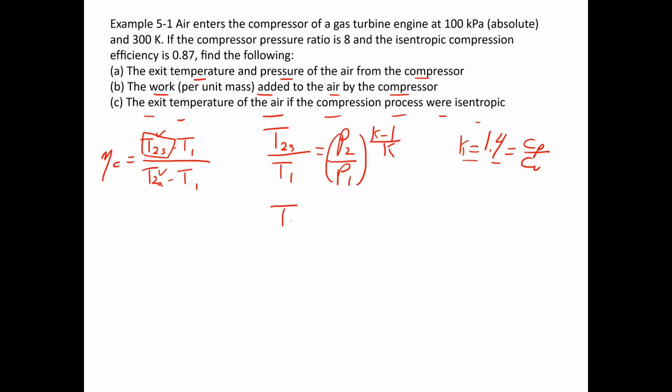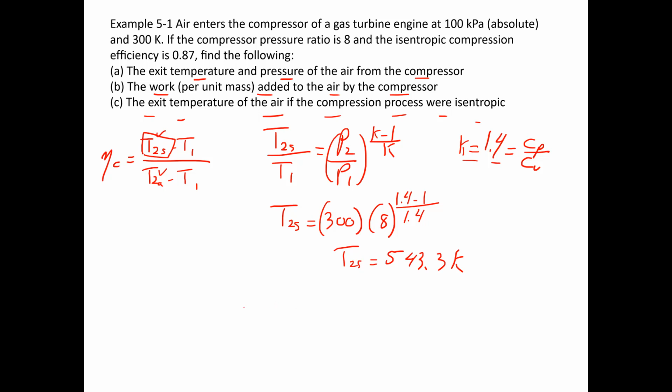So T2s is equal to the temperature going in, 300 Kelvin, multiplied by the compression ratio, 8, raised to the (k minus 1) over k.